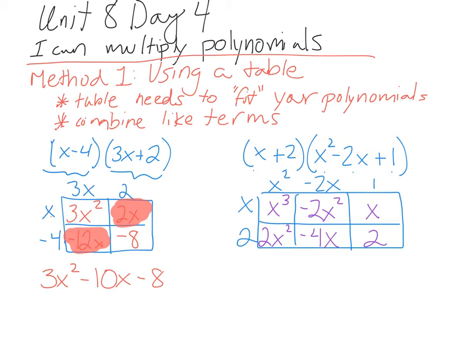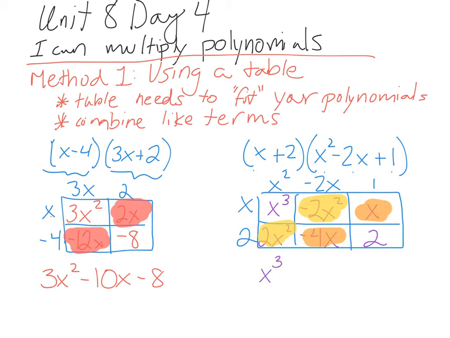Again, with this, we've got to find like terms. These x squareds, those are like terms. And negative 4x and x, those are like terms. So when I give you my final answer, I'm going to combine those like terms and get an x cubed.